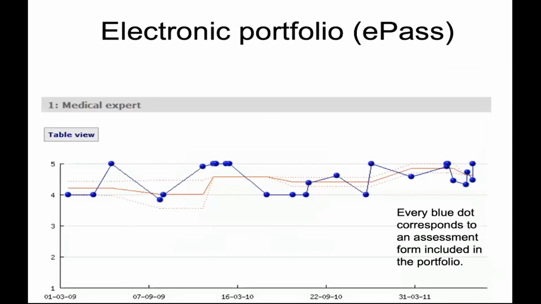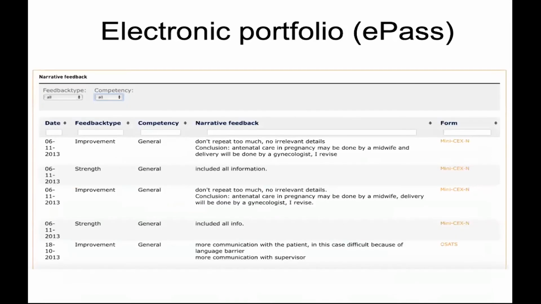We can monitor the performance longitudinally, right? We can click on any dot, and then you get the original information that was behind it, both quantitative and qualitative. A very important function in the electronic portfolio is "generate me all the narrative feedback on this particular learner."